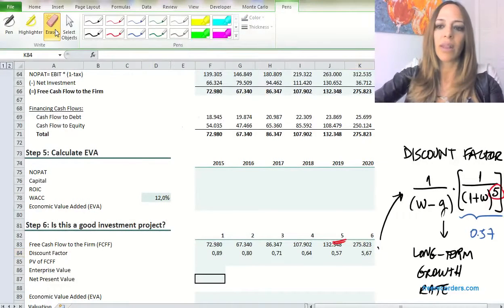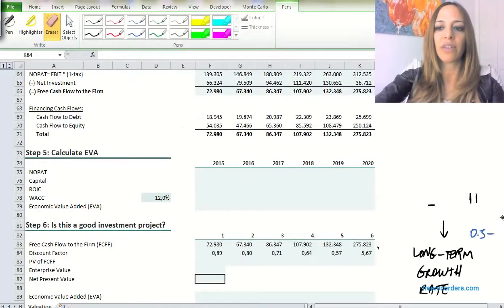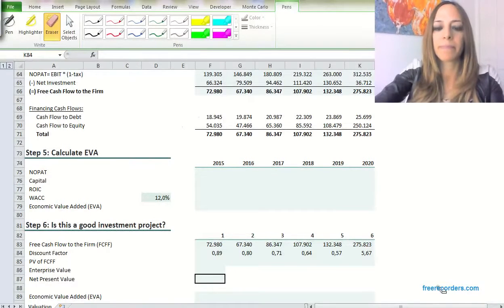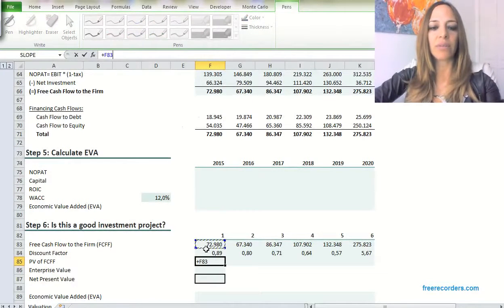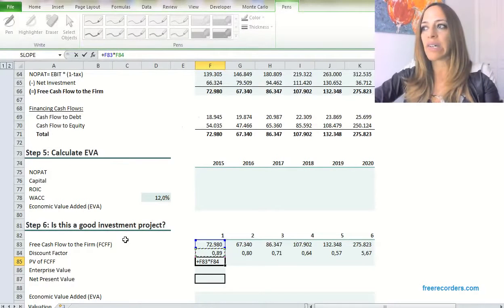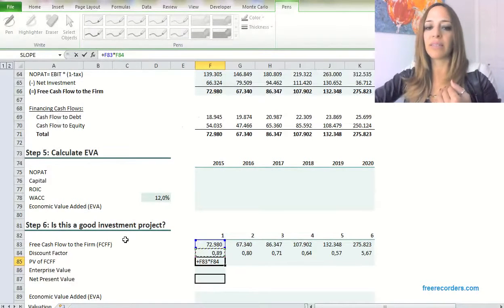Okay. Now, let's calculate the present value of free cash flows. That will be the free cash flow times the discount factor. For example, for the first year, we expect to receive $72,000 in free cash flow, but that will only be in 1 year. So now the value for us is smaller than that.